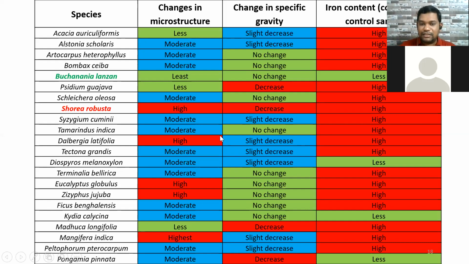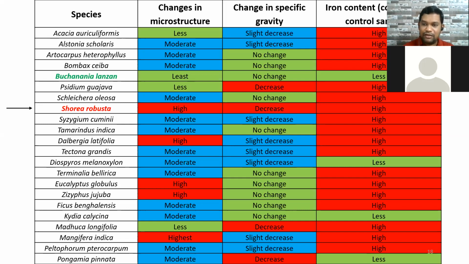And when I did the final conclusion, I could point out that this species, Shorea robusta, showed relatively very high levels of changes across all three parameters. And that's why this species, Shorea robusta, is the most native species available out there. It is commonly known as sal in India, and the forests over there are known as sal forests.